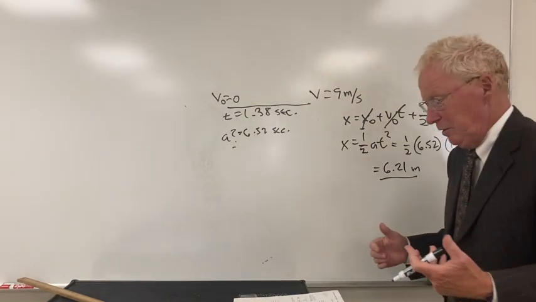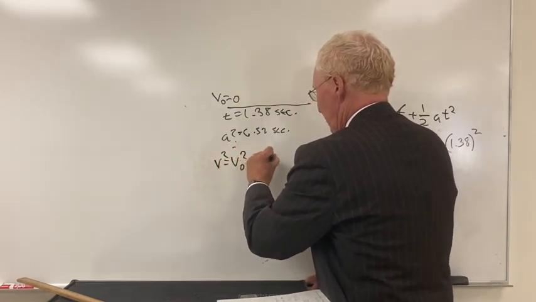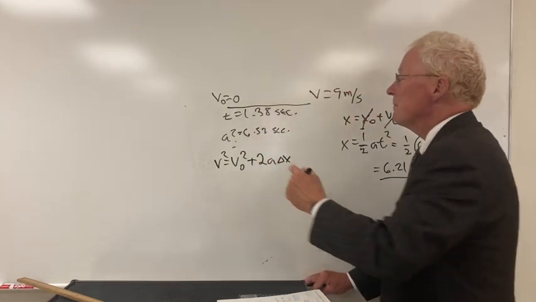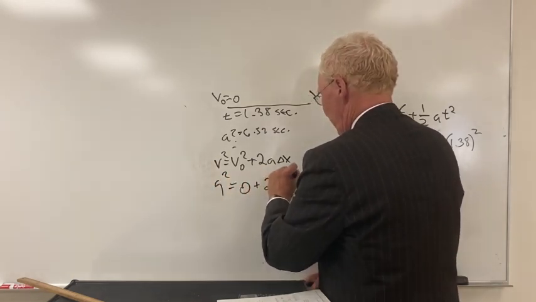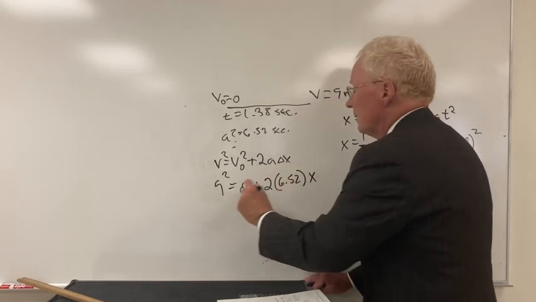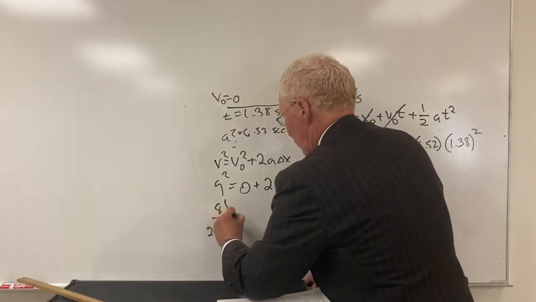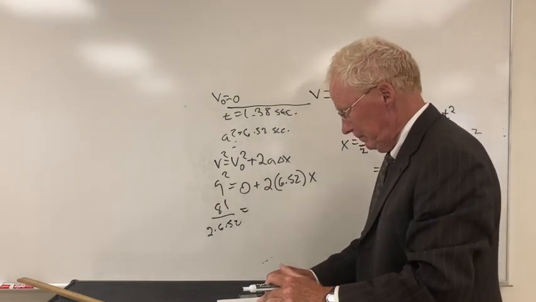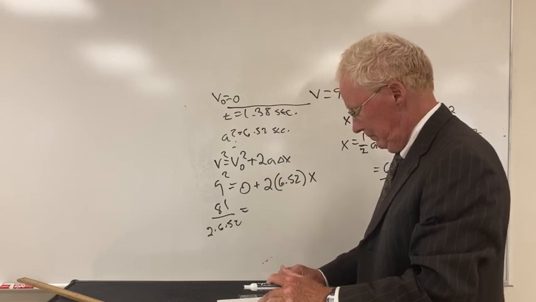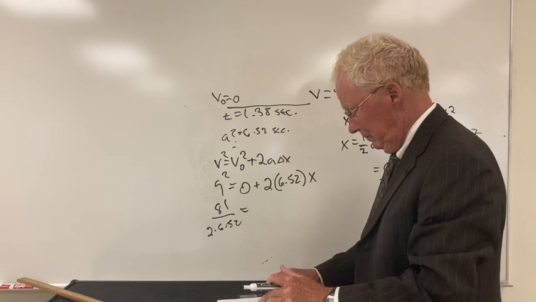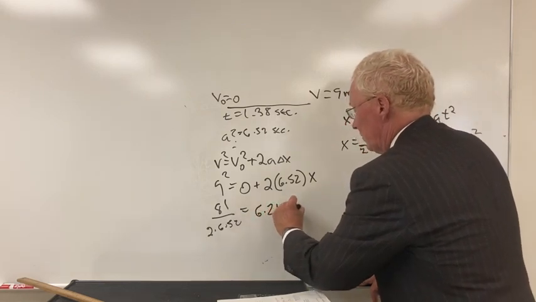Now we should get the same expression using this third equation. V squared is V naught squared plus 2A delta X, or X. That's 9 squared equals 0 plus 2 times 6.52 times X. So that would be 81 over 2 times 6.52, which I get 6.21 meters.